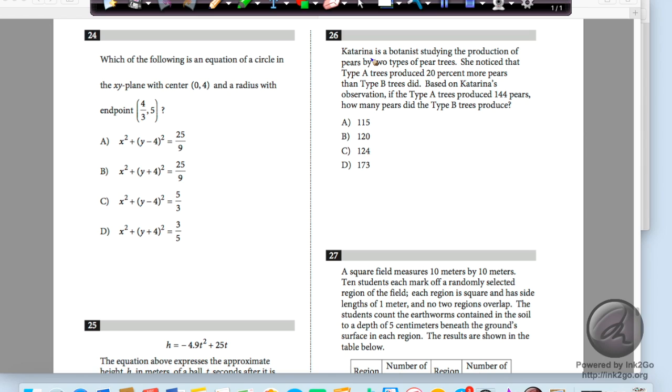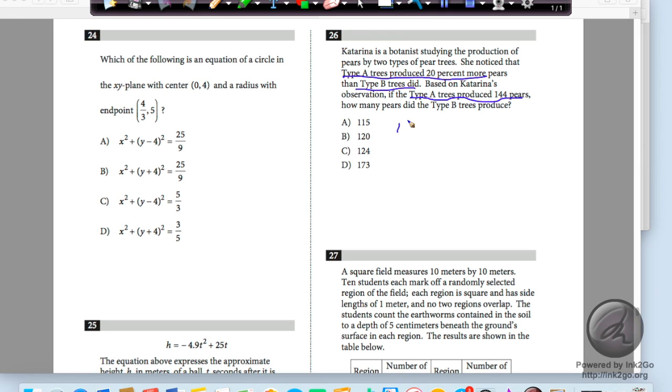Okay, question 26 states, Katrina is a botanist studying the production of pears by 2 types of pear trees. She noticed that type A trees produce 20% more, so this seems to be a percentage question, more pears than type B trees did. Based on Katrina's observation, if type A trees produced 144 pears, how many pears did type B trees produce?